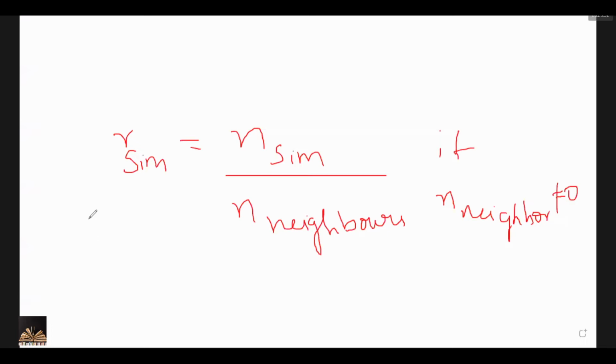So we will have some threshold value called T. Let us assume my threshold value is 3. That means at least you should be surrounded by a minimum of 3 people of your category. Then you wish to stay in that particular place. Otherwise, you will want to move from that place to another place. That means you will start migrating.